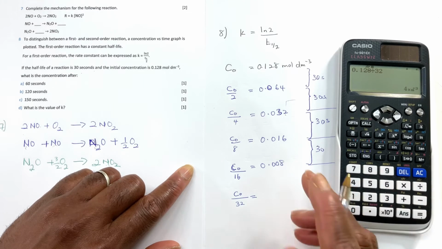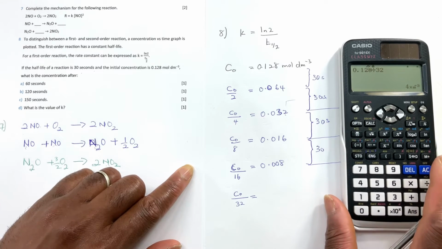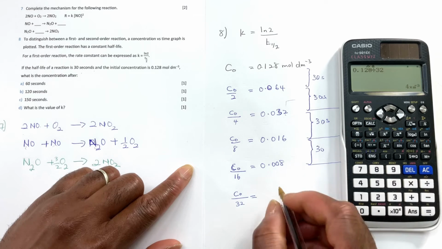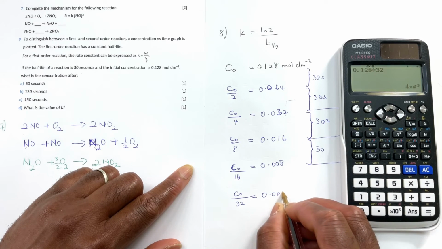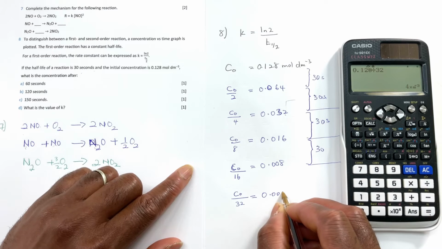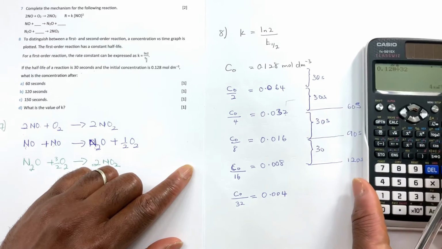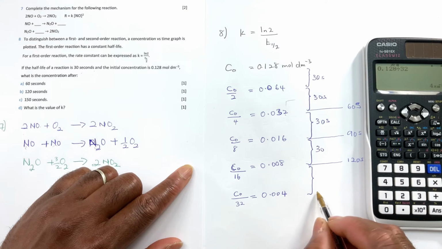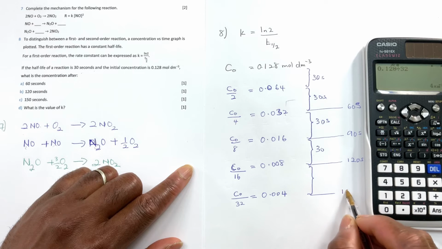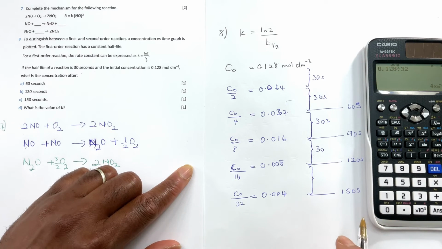We're dividing it by 2, so we get 0.004, and that's another 30 seconds, and that's 150 seconds.